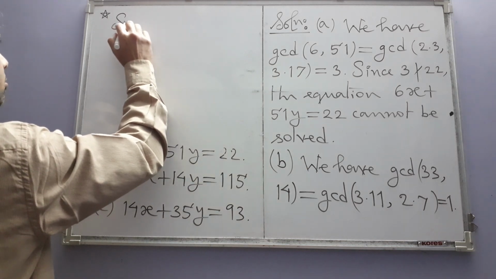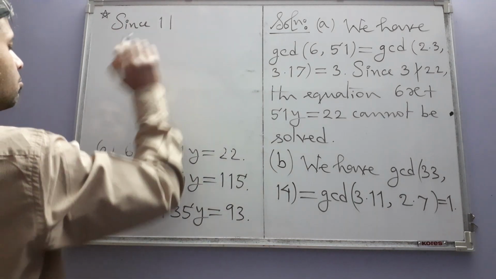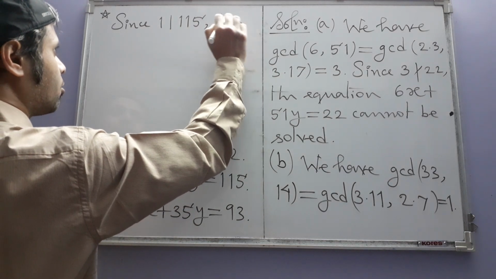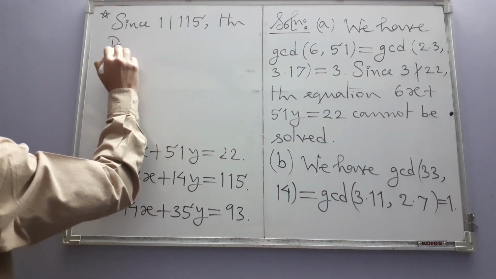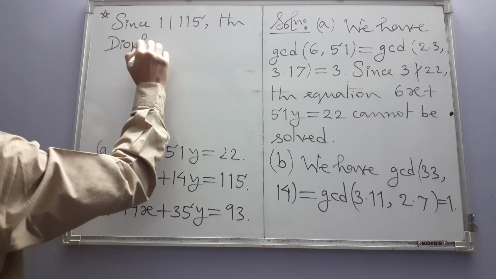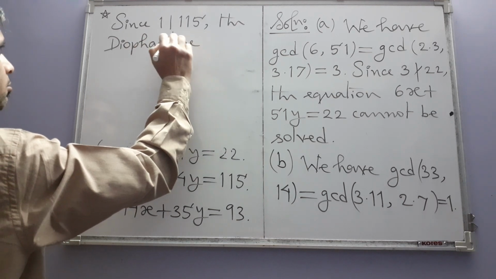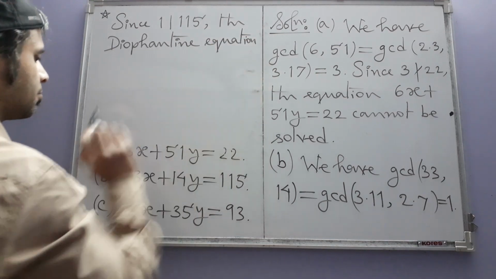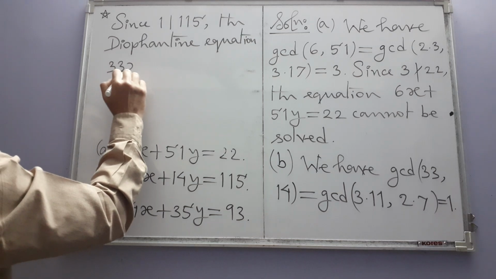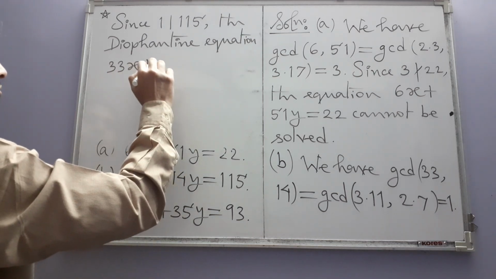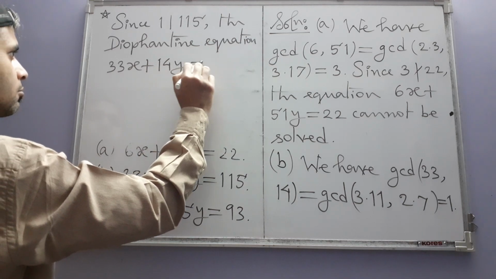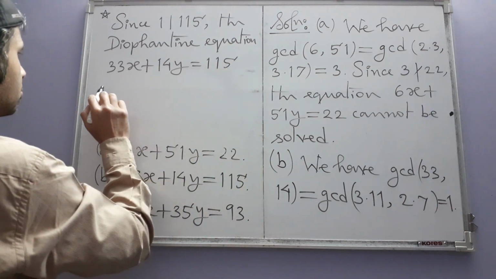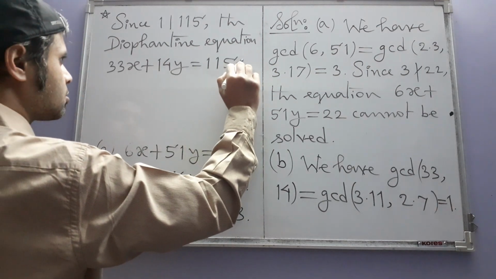Since 1 divides 115, the Diophantine equation can be solved, or is solvable.